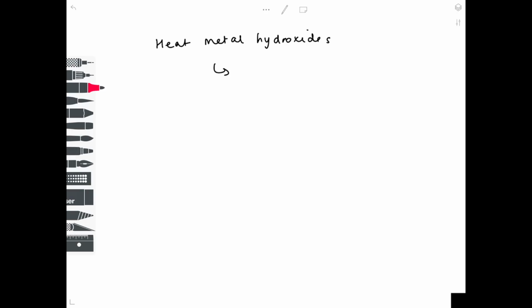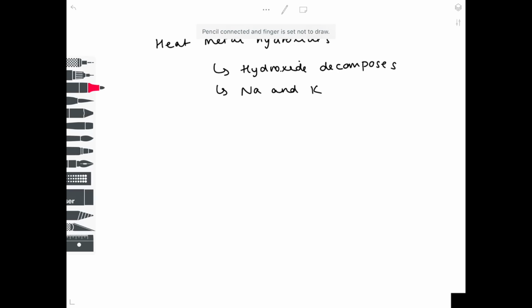Well, you find that hydroxide decomposes, which means it breaks apart under the influence of heat. The exception to this is sodium and potassium hydroxides, which do not decompose, and your product produced is oxides and water.